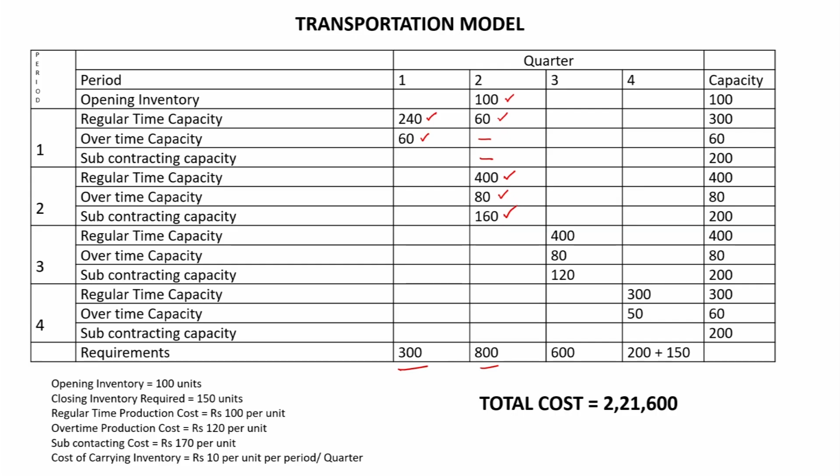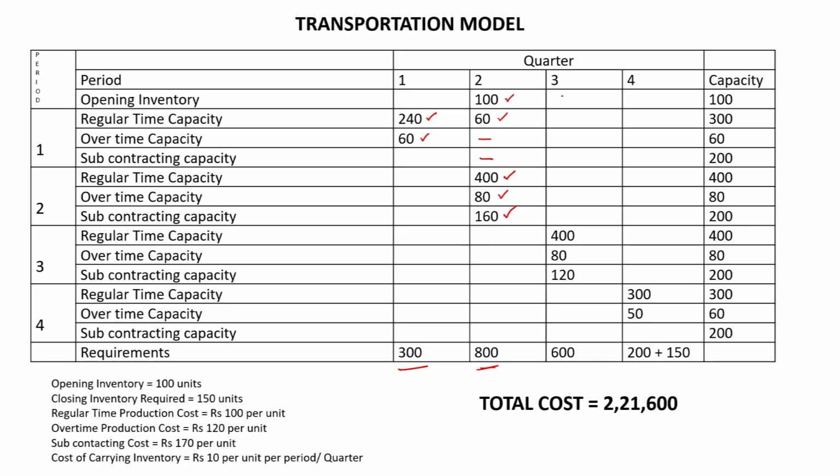Here I produced 300 units, but I consumed only 240, so 60 units I am carrying here. Here I produce 60 only, so I am consuming here and nothing is required here. This is how I am meeting the requirement of 800 units.